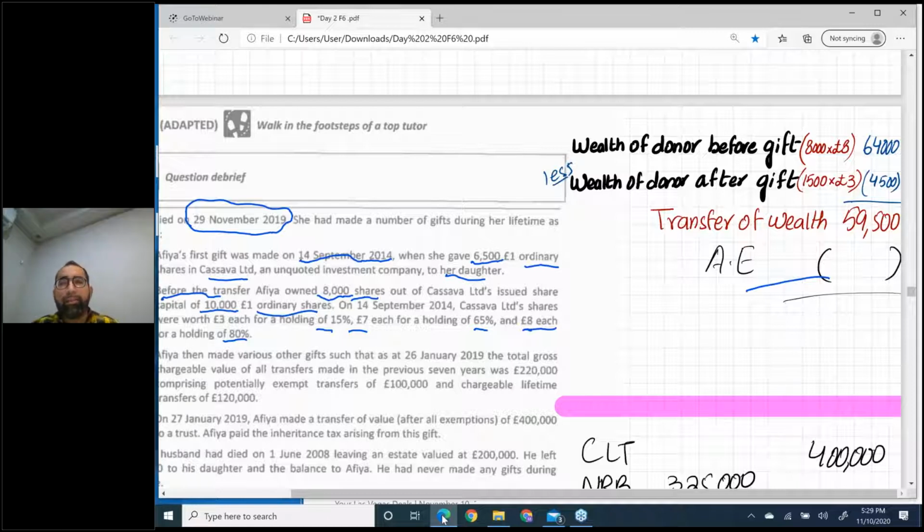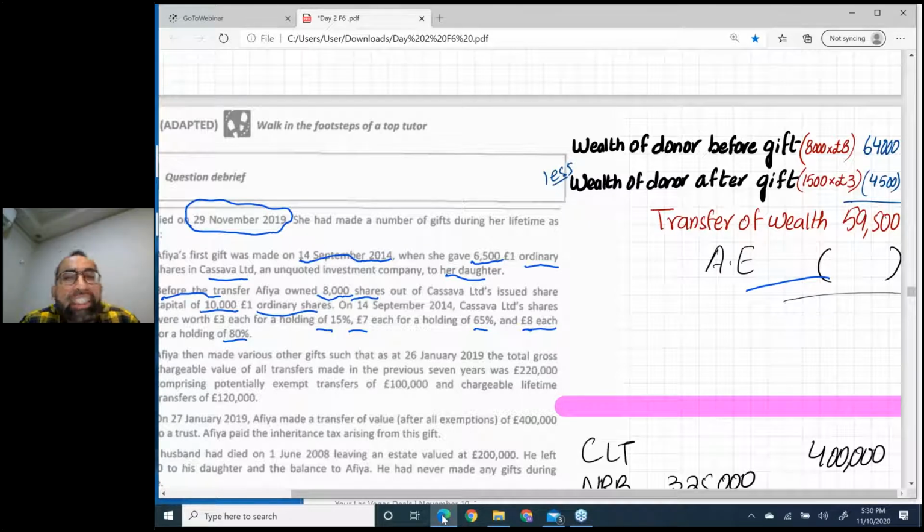Just think, from 8,000 shares, she just gifted 6,500 shares. What quantity does she have now? Only 1,500 shares. So wealth of donor after gift will be calculated on 1,500 shares, which means a 15% holding.